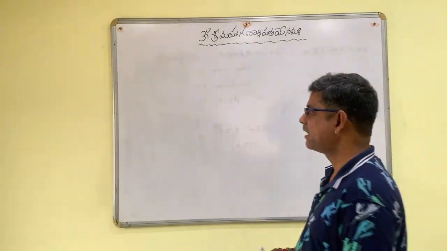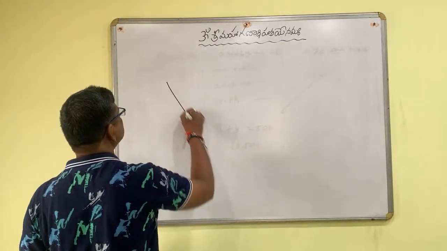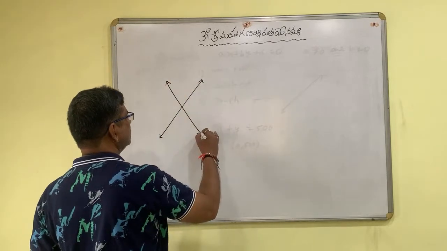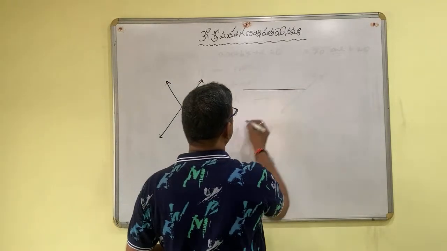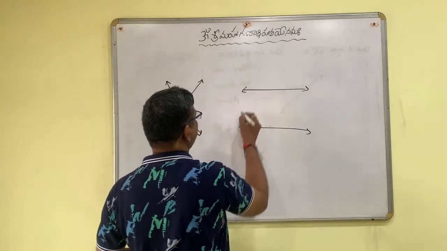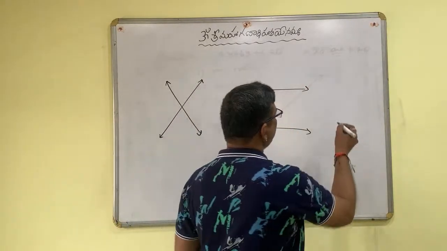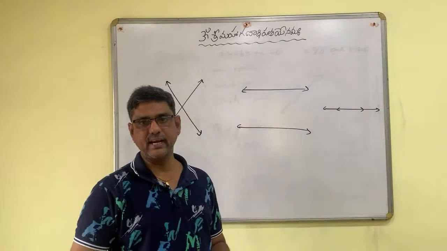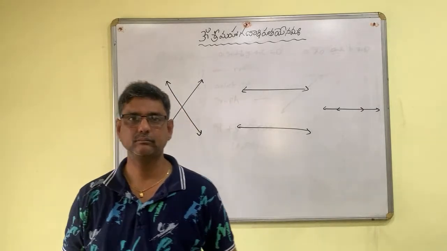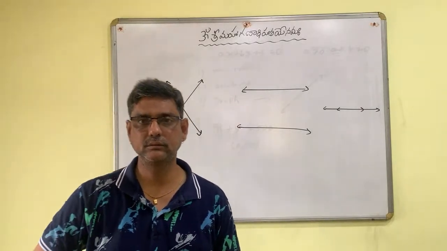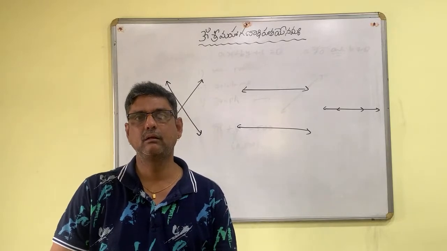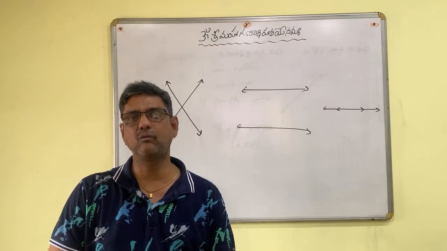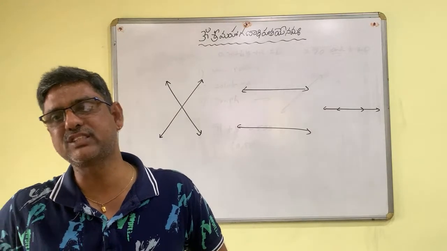So they may intersect, or they may not intersect, or they are coinciding each other. They coincide each other. They intersect. They will not intersect, or they come one on the other. They come one on the other means coinciding.